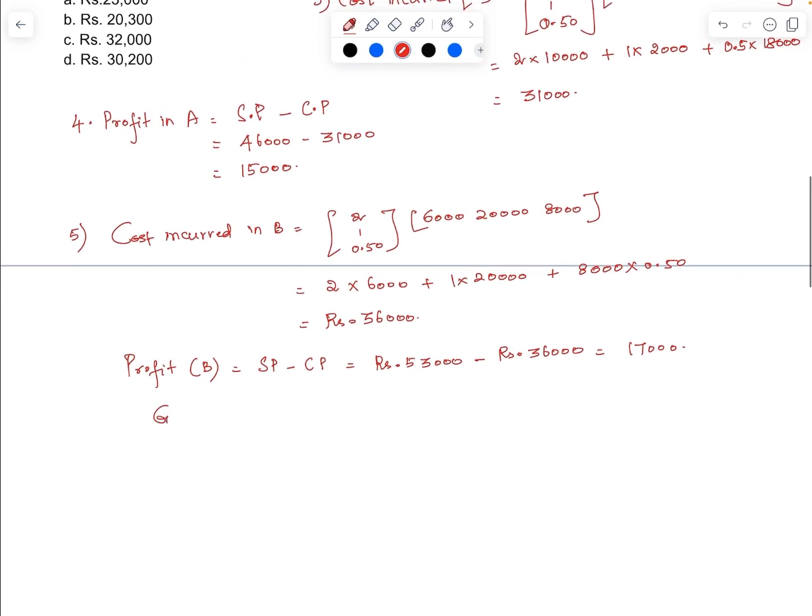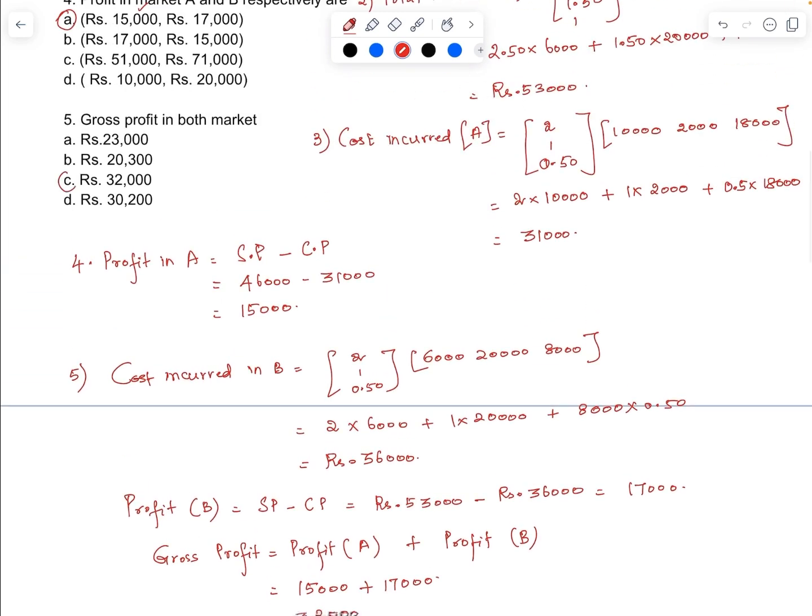Gross profit is equal to profit of market A plus profit of market B, which is 15,000 plus 17,000, that is 32,000. So the answer is C.